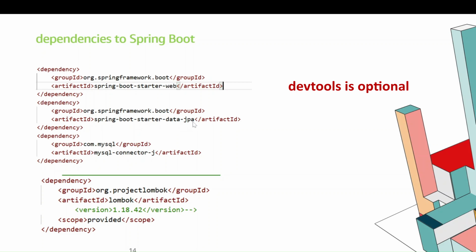And I will be using MySQL, so I will get the MySQL connector driver through mysql-connector-j. Basically, these are three starters that I need for this project. Lombok and dev tools are optional, but maybe I will be using them. So it's up to you if you want to use them or not.